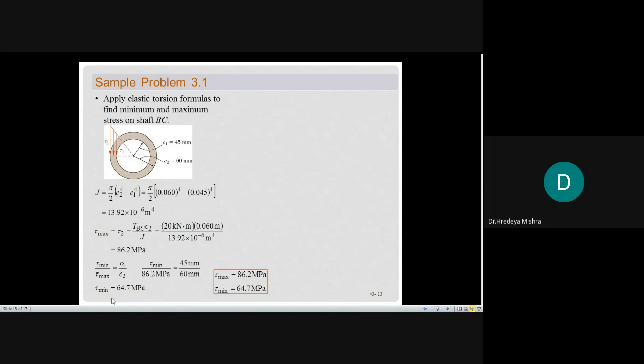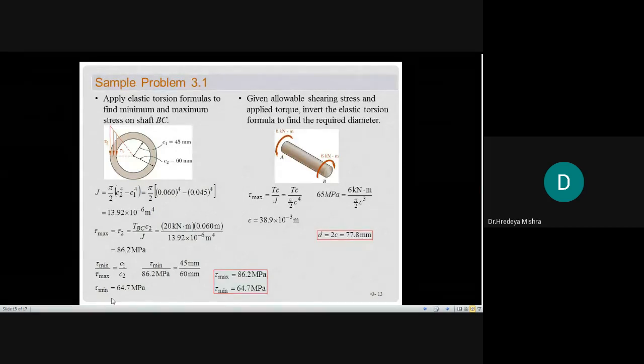Now the next thing we have to find is the diameter. For AB, the maximum stress is given. So we put the same value here: tau max equals Tc divided by J. Here the torque is given as 6 kilonewton meter and tau max is given as 65. J we already know, pi by 2 c to the power 4.